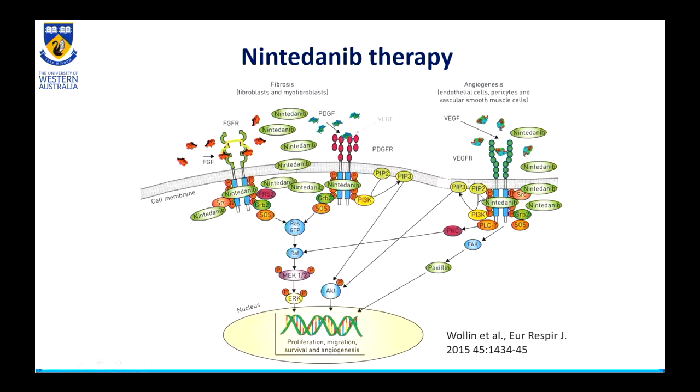So how does nintedanib actually work? Well, as I mentioned before, it works by blocking the signaling pathways. So here, the FGF receptor, PDGF receptor, VEGF receptor. You don't have to remember all this, other than to know that what it does is it blocks at various levels. It can block those receptors.